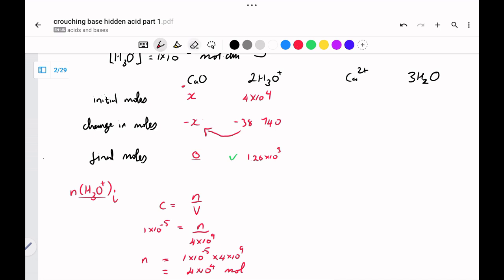I am aware that this is quite a lot of writing out. I don't expect you to do the table as well as all of this writing out that you see below the table.